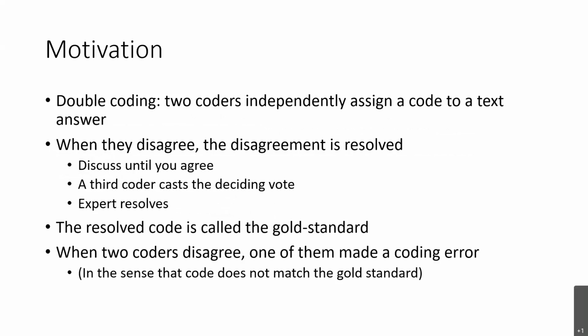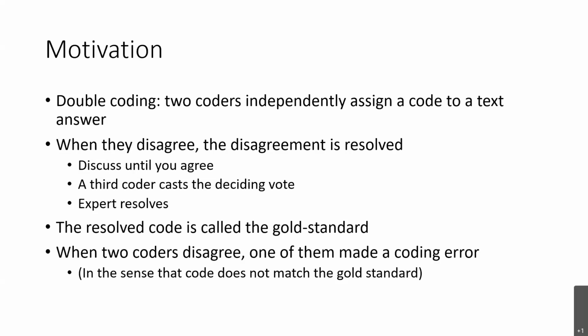What is double coding? Well, two coders independently assign a code to a text answer based on a manual that the researcher or investigator has supplied. And they do this independently, and they may disagree. And if they disagree, the disagreement is resolved in one of several ways.